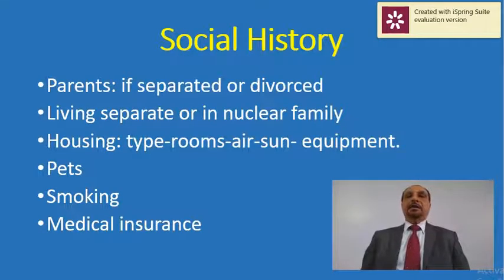If the mother has home problems like this, she will not be psychologically stable, and this will be reflected on her baby. Speak, of course, about the housing, the type, concrete or not, or a tent even in the desert, the number of rooms, the aeration and the sun, especially in cases of rickets and so on.